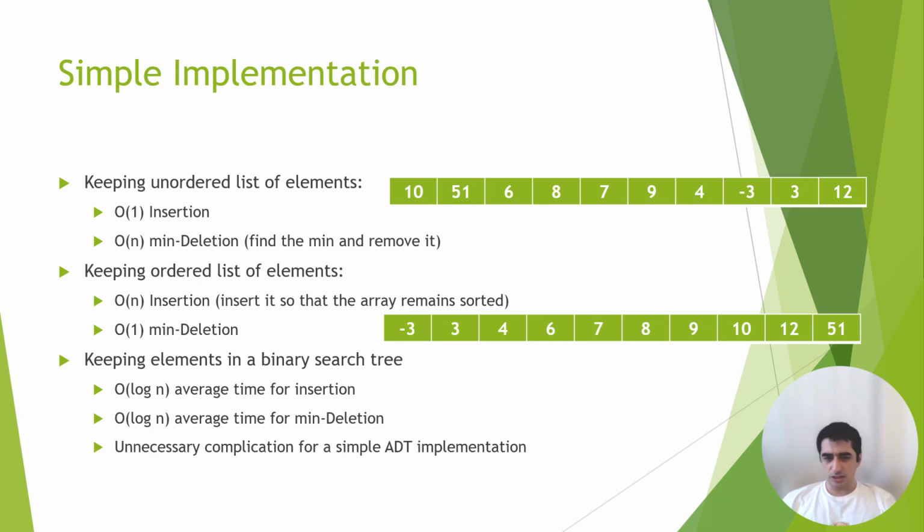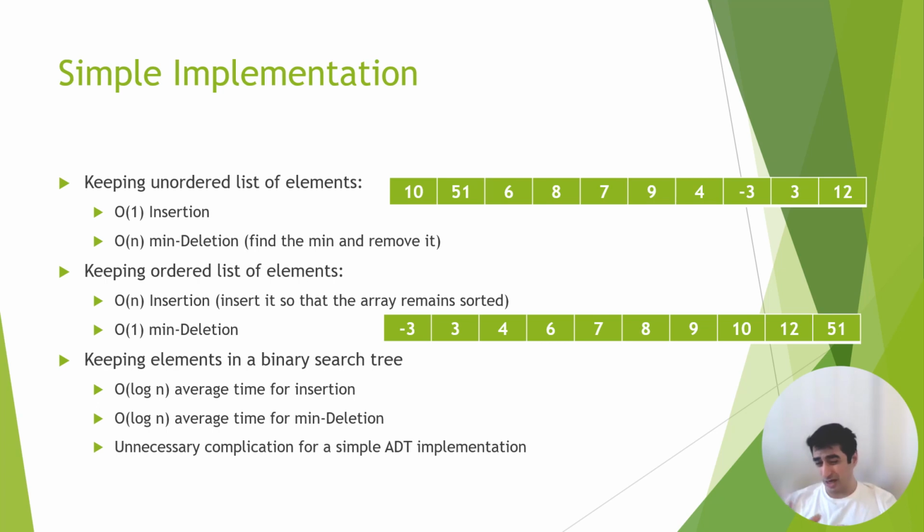So binary search tree would be a great solution for priority queue, but it's a very complicated data structure for a fairly simple priority queue. Priority queue is a very simple abstract data type and doesn't need that much complexity that comes with the implementation of a binary search tree, especially if you want to keep it balanced.